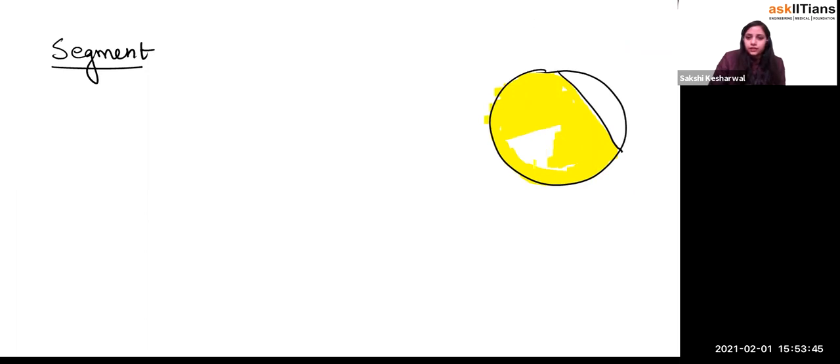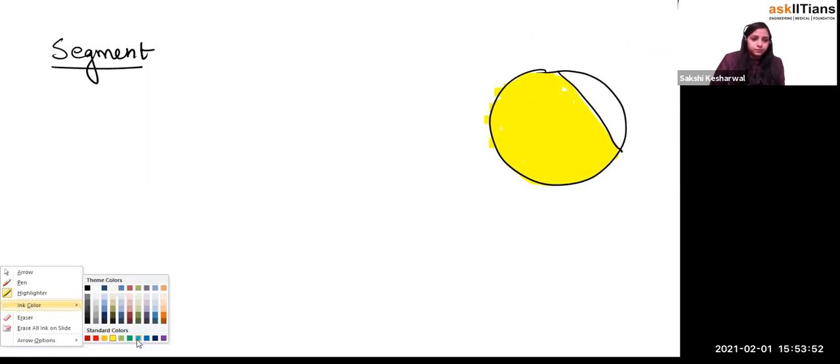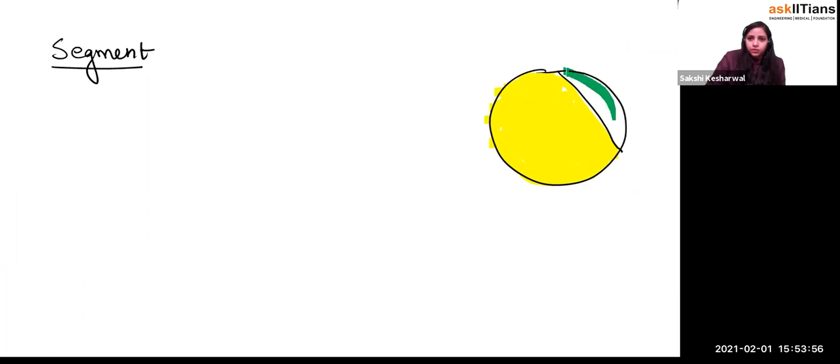You see that this is one region that has been formed, right? I'm just coloring this part. There are two regions formed, right? So can you see that?